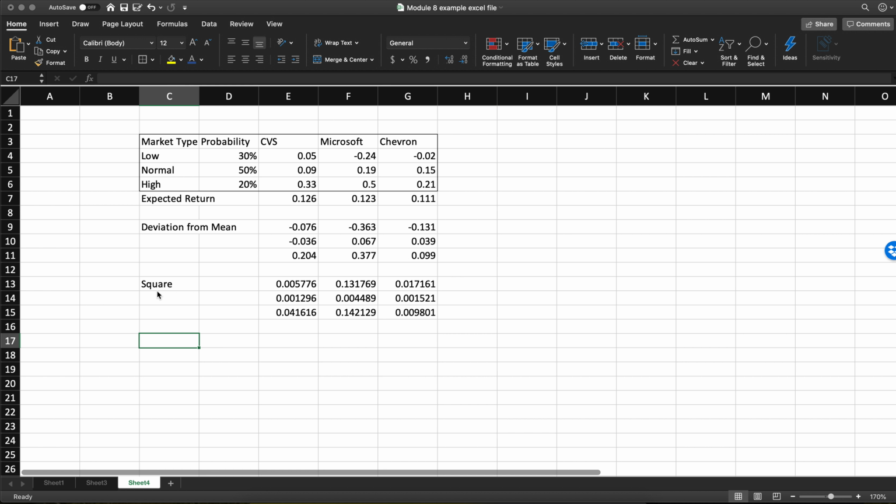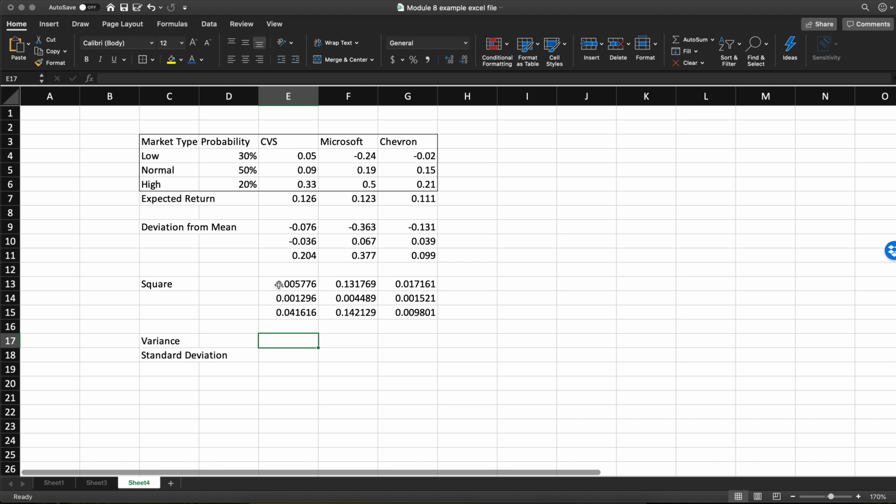Okay, now we need the variance and the standard deviation. Okay, so these are the squared variances, and remember we can't just add up the deviation from the mean. It's not quite correct. So we have the squared variances.